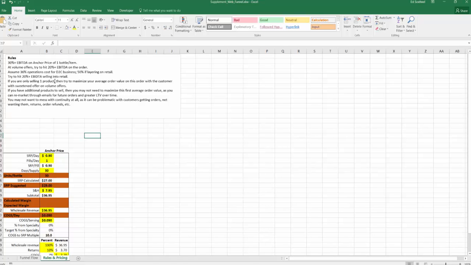If you have additional products to sell, so you've got your core product that you're advertising that you brought them in with, but you've got other related products, you can test not maximizing the sale this one time, and instead you can remarket to them through emails, and then over time you'll get greater lifetime value. I would say test that.